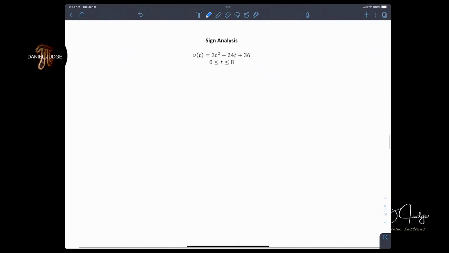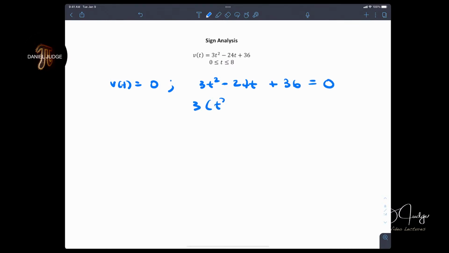But we're going to do sign analysis to see if we can figure out when the particle is slowing down and speeding up. Remember, the sign analysis procedure starts by setting v of t equal to 0, meaning where do you have 0 velocity? So factor your 3 out.